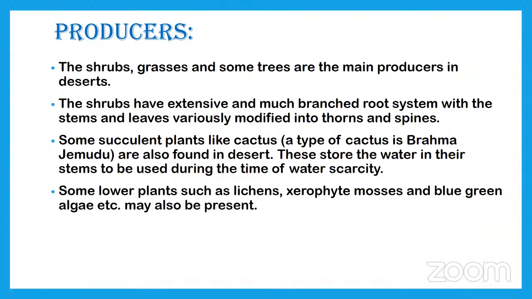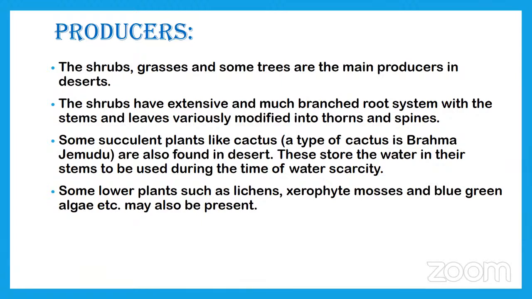What are the producers present in the desert ecosystem? Mainly we find different types of cactus plants like round cactus, columnar cactus, saguaro, baobab trees, various kinds of plants. Shrubs, grasses, and some trees are the main producers in the desert ecosystem.